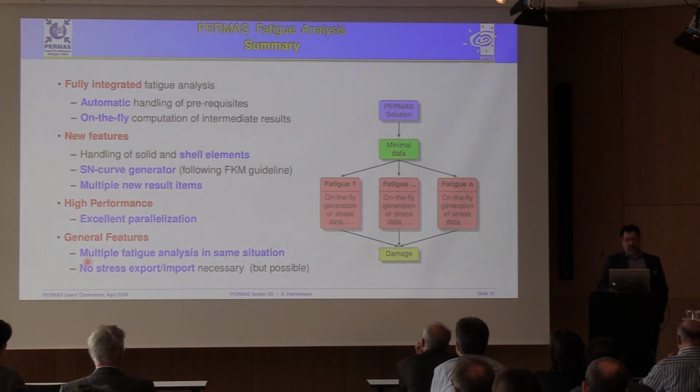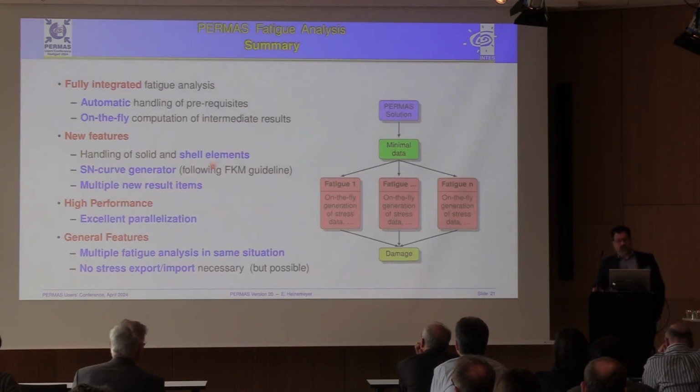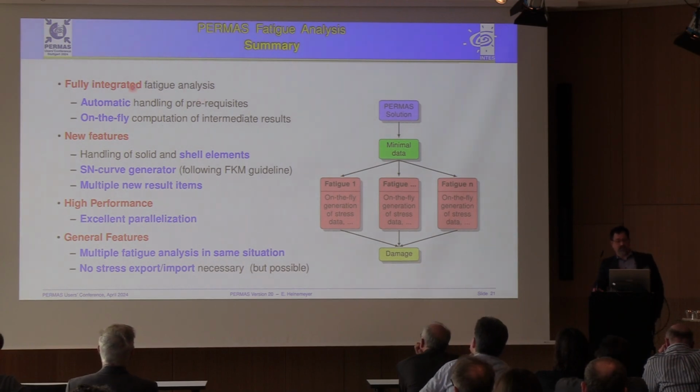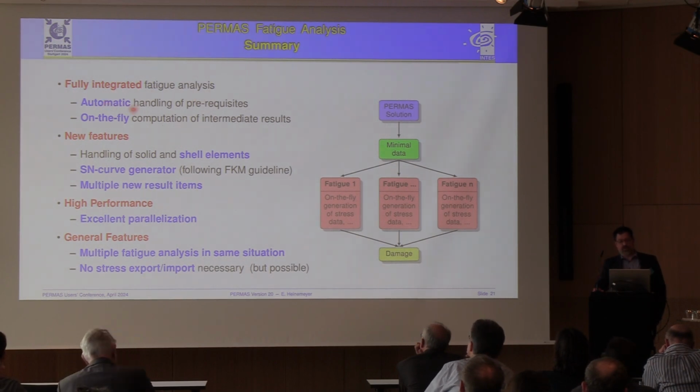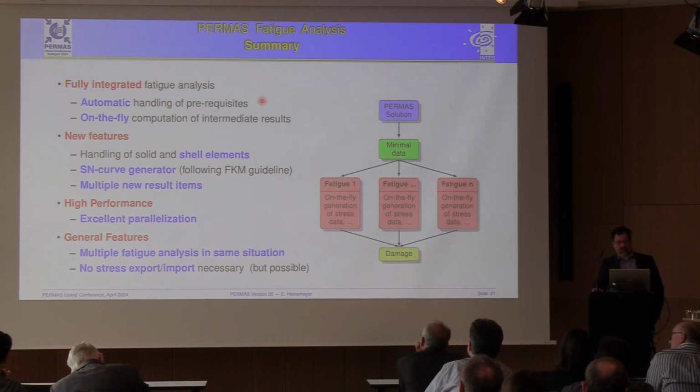So as a summary, what we now would call a fully integrated fatigue analysis for us consists of the automatic handling of the prerequisites, which guarantees that we're using minimal disk space and the minimal computational effort needed for the fatigue analysis, including the on-the-fly computation of the intermediate results.